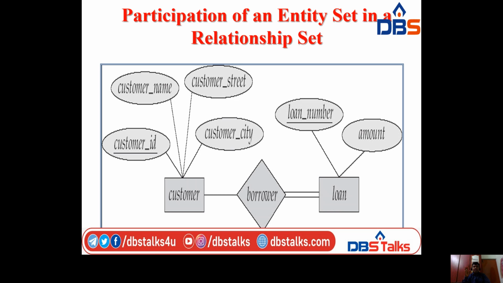For that purpose, there is partial participation and total participation, and we specify all of this using this notation. Here loan number is underlined, it is a primary key. Customer ID is underlined, it is a primary key, and the ellipses represent the entities.